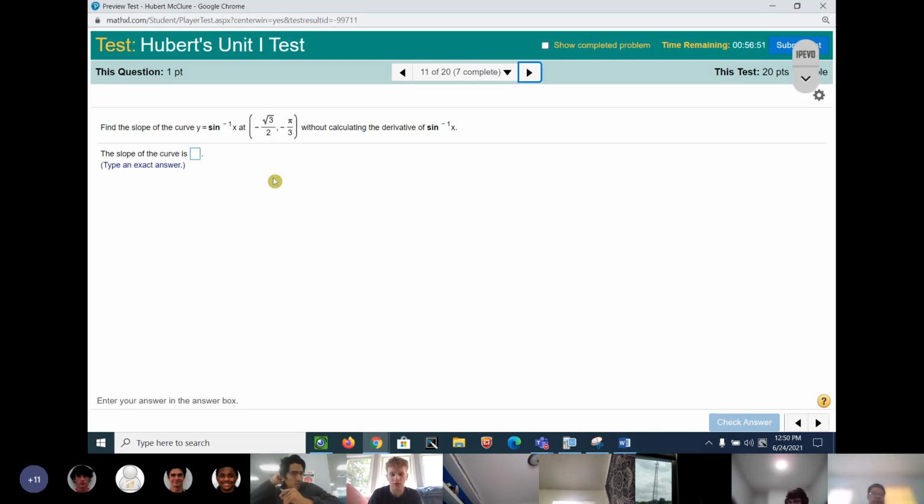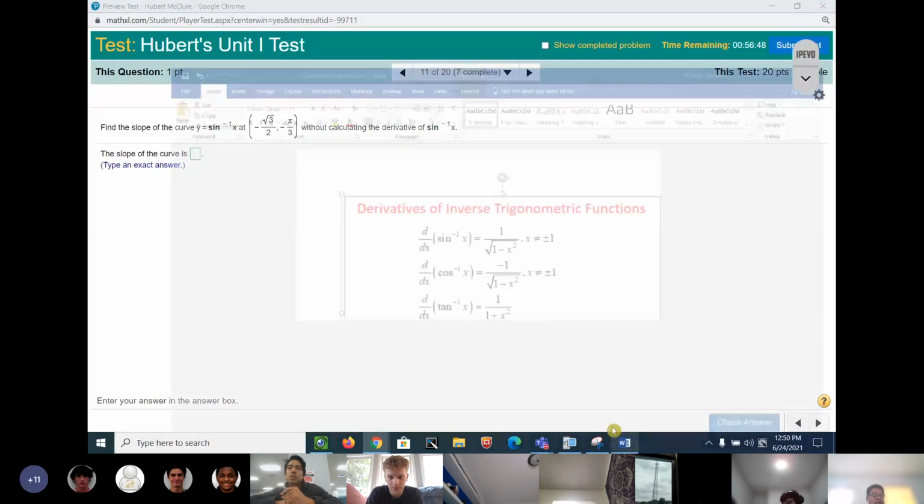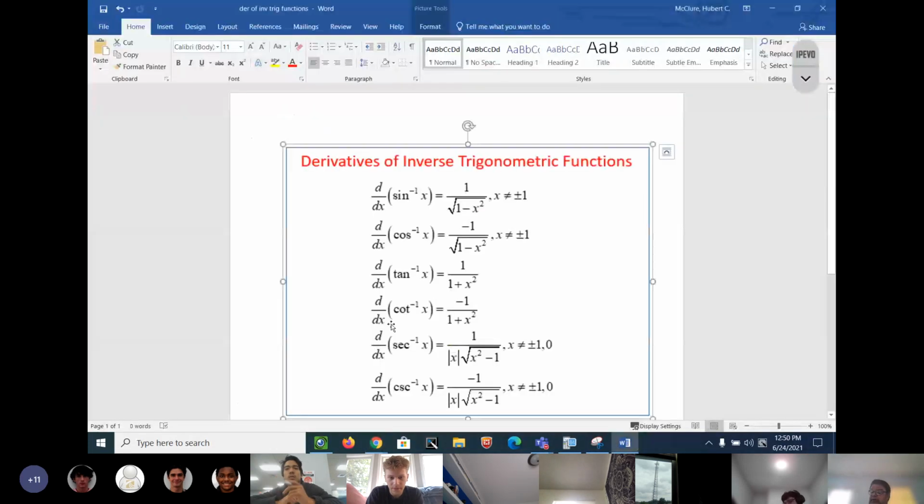So let's write down, what is the derivative of the inverse sine? The derivative of the inverse sine is equal to 1 over the square root of 1 minus x squared, and that's for x cannot equal positive or negative 1, because you can't have 0 in the denominator.